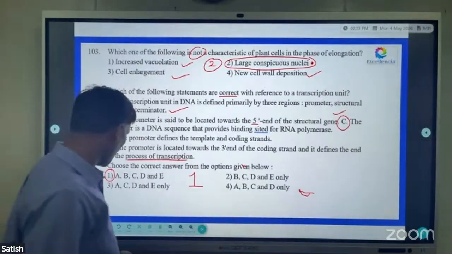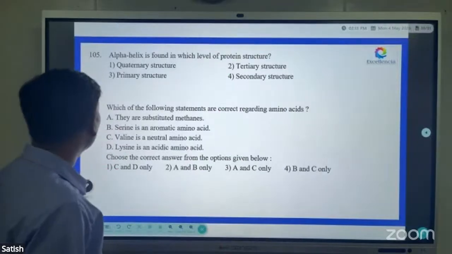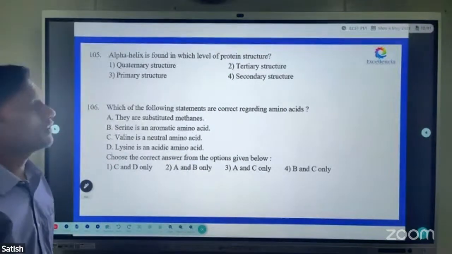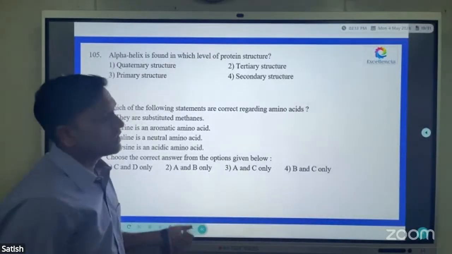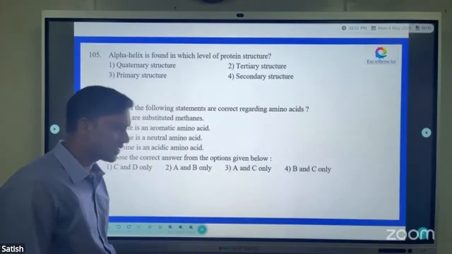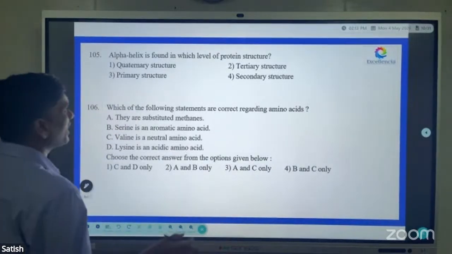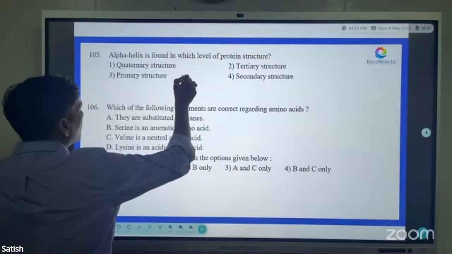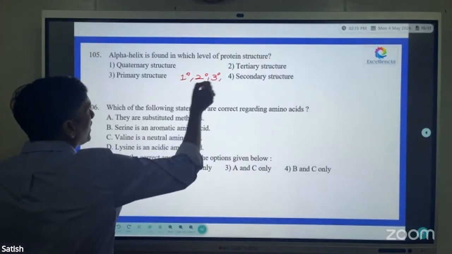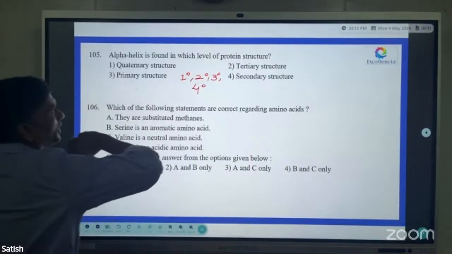So we'll go for the next slide. Next one, question number 105. Alpha helix is found in which level of protein structure? This question is mainly related to biomolecule structure of proteins. Protein structure is mainly classified into 4 types: number 1, primary, secondary, tertiary, and quaternary structure of protein.